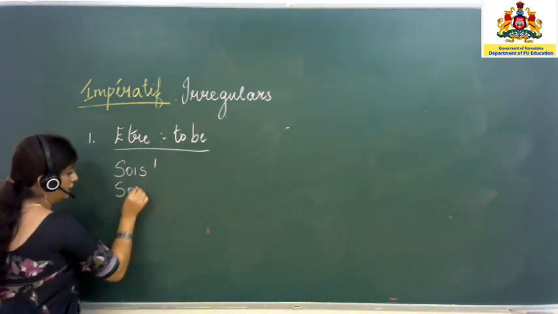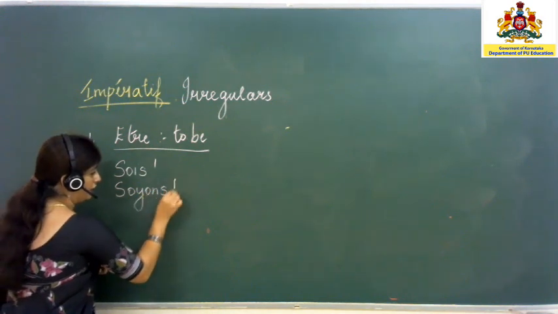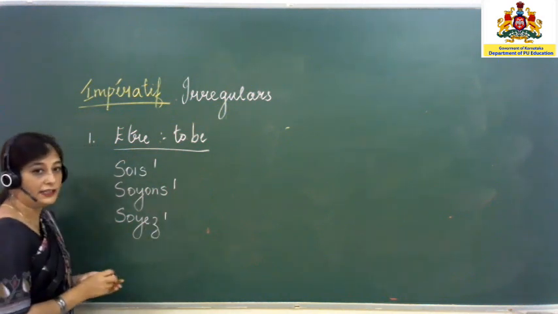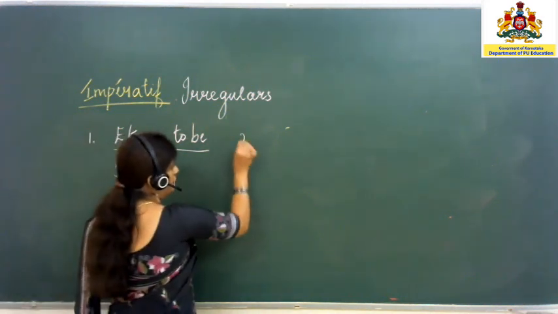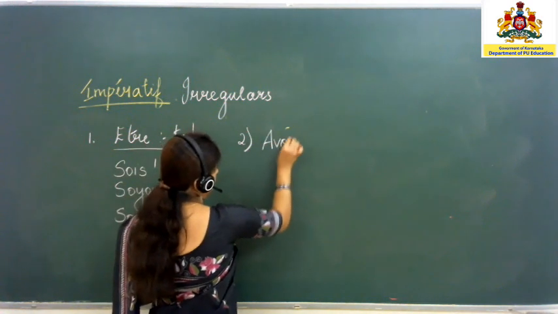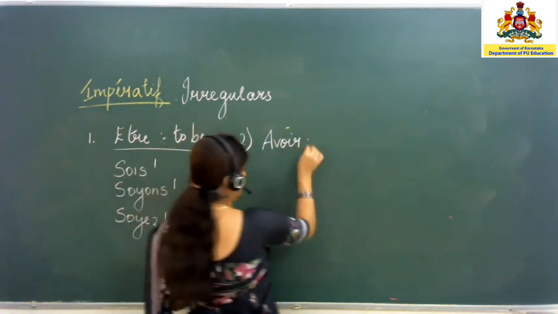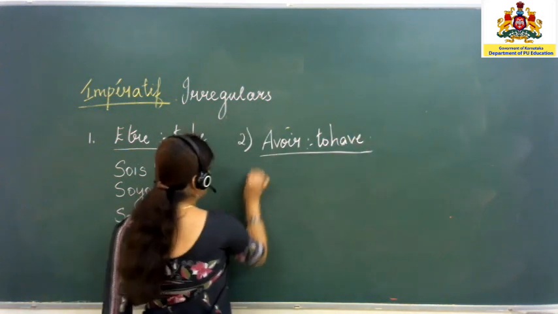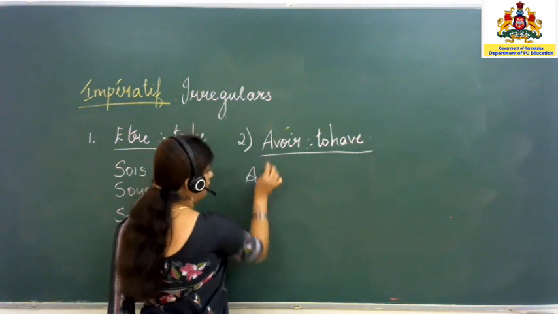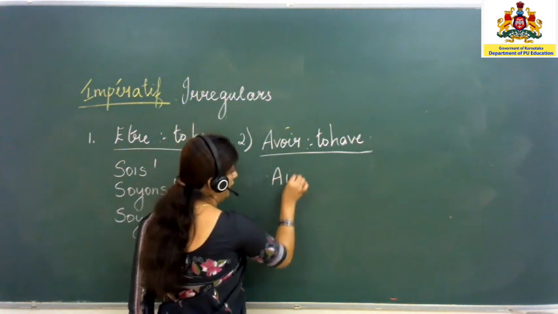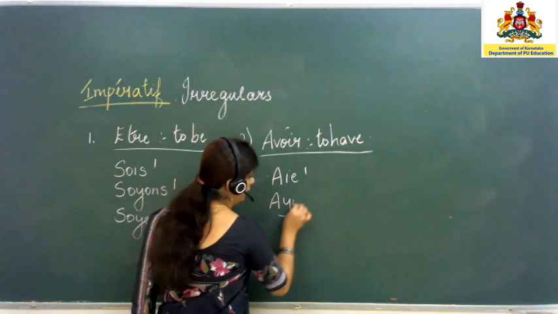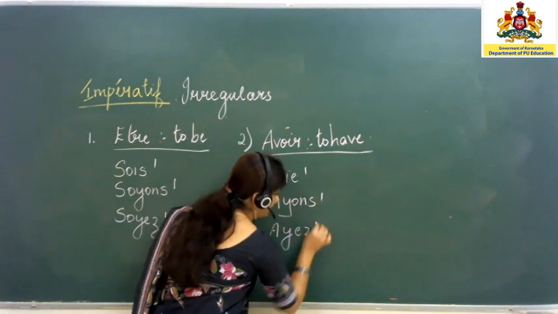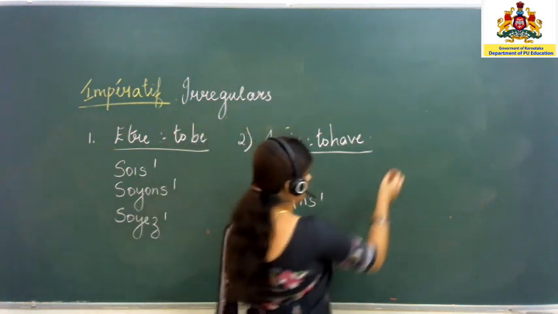Sois, soyons, soyez. That is the first irregular. The second irregular is avoir. Avoir means to have. It is aie, ayons, and ayez.